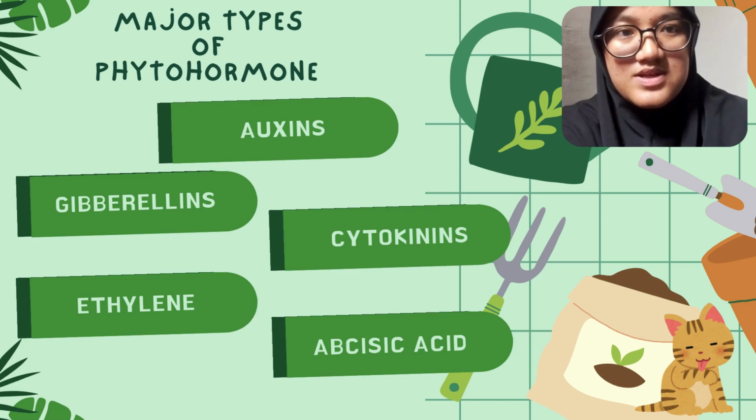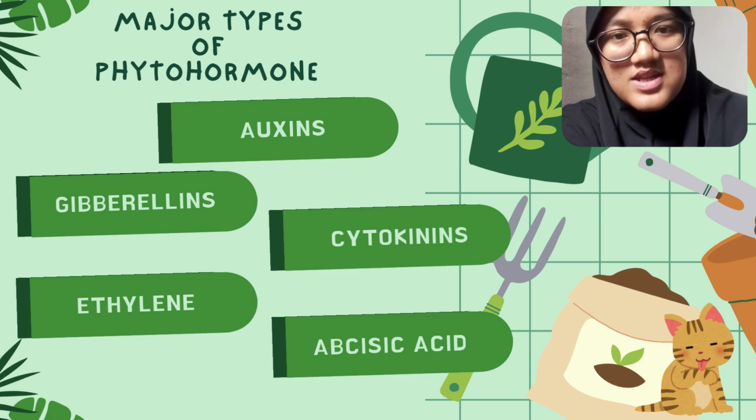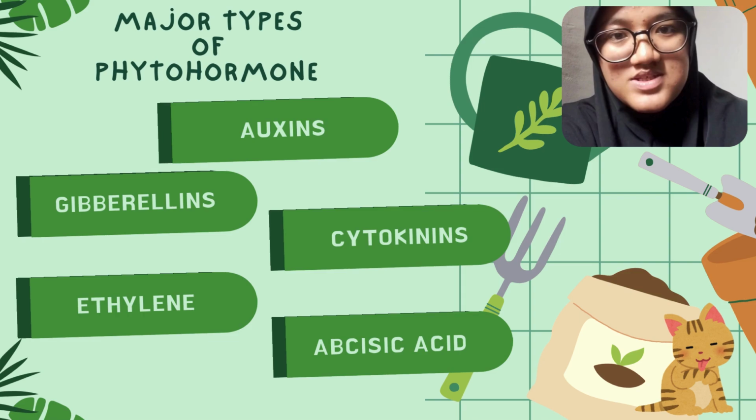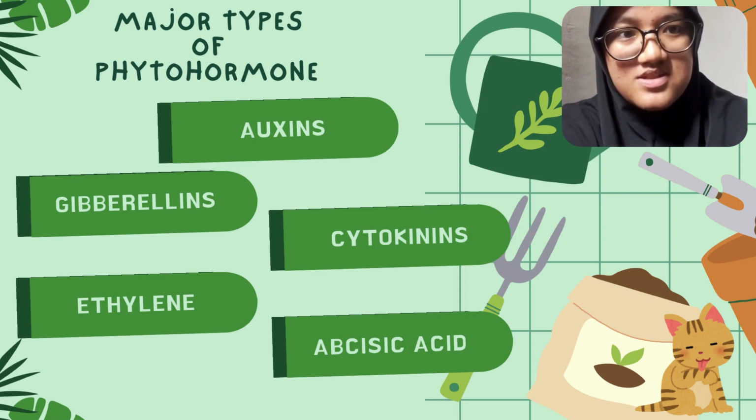Auxins promote plant growth by elongating cells, especially in stems and roots, and they also help in bending toward light. Gibberellins stimulate stem elongation, seed germination, and flowering.